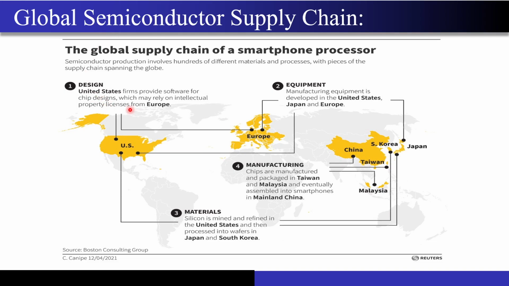Now coming to the global supply chain of the semiconductor, who gives the software for circuit designers? Companies like Cadence and Synopsys, right? They are present in the United States. Using the software from those companies, you design the circuit and the layout, then you generate the GDS file, and that GDS file you send to the foundry. Those foundries are sitting in Taiwan, Korea, Japan, correct?